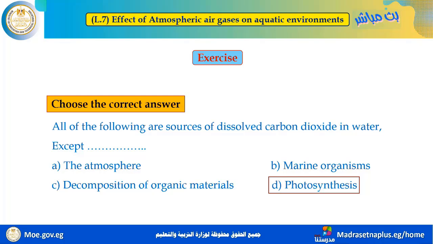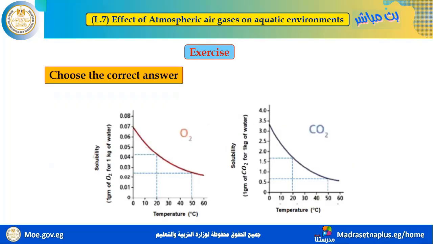Another question. We have two graphs. The graph on the left side expresses the relation between the temperature and the solubility of oxygen, and the graph on the right side represents the relation between the temperature and the solubility of carbon dioxide gas.